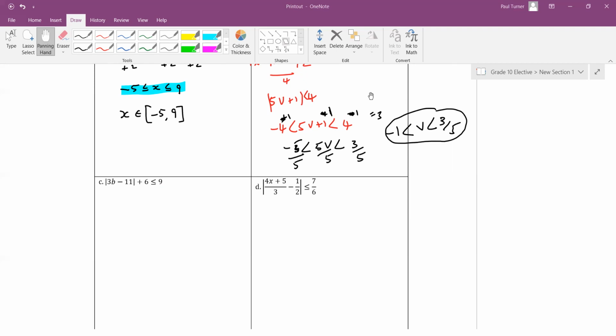It's still a less than problem, so set it up. So you've got to move the 6 first, don't you? So move the 6.